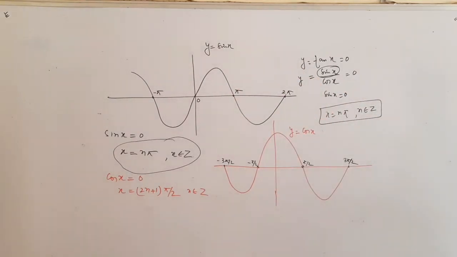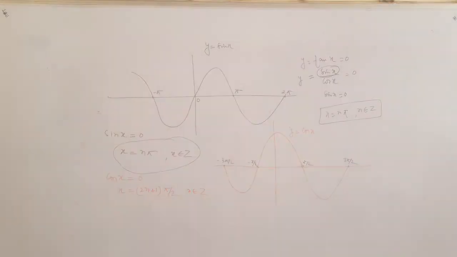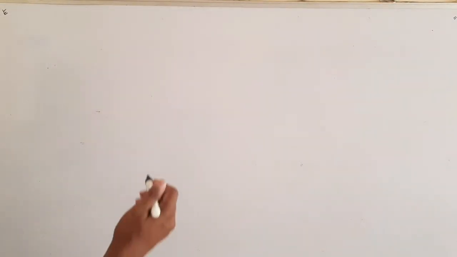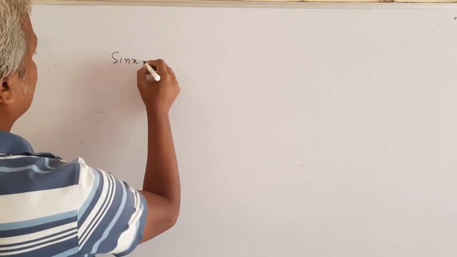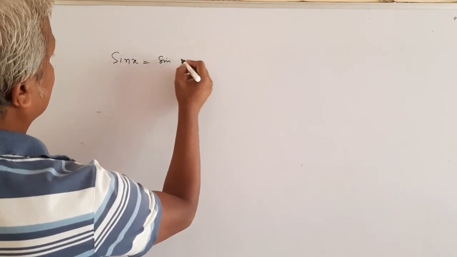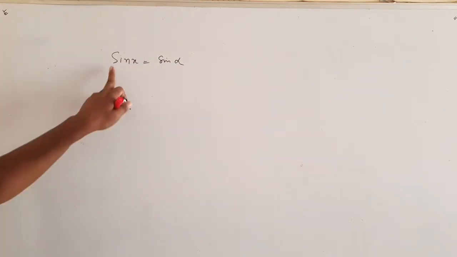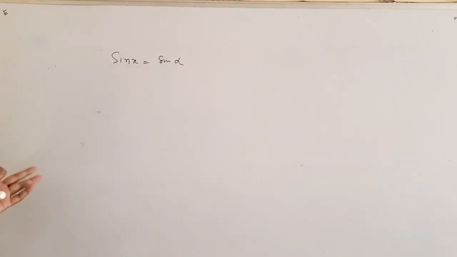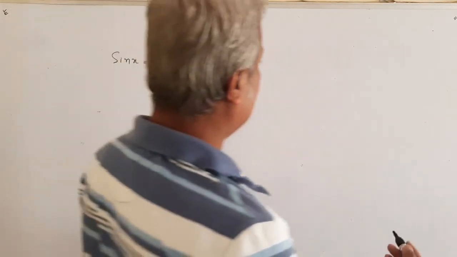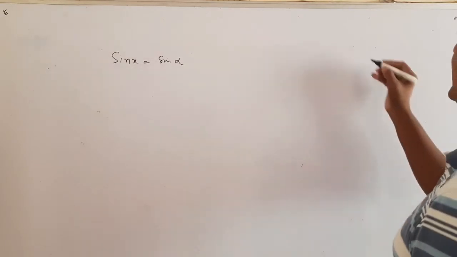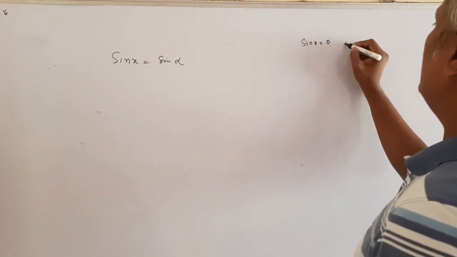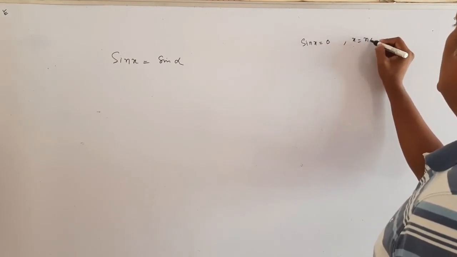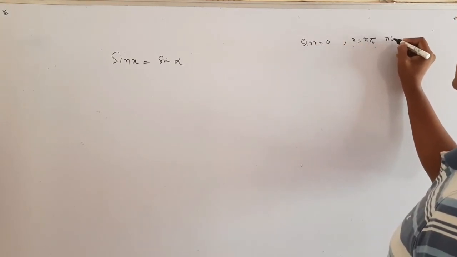Now let me clear the screen, then we'll go for the other special case. Okay, so now the special case here is when we have the situation like sin x equal to sin something, let's say sin alpha. When you have sin x equal to sin alpha, how will you solve these kinds of equations? Just a few minutes back, you saw that when sin x equal to 0, x equal to n pi and n is an integer.